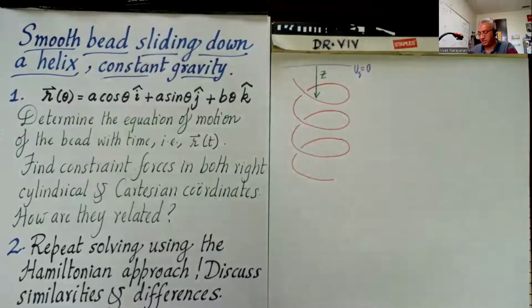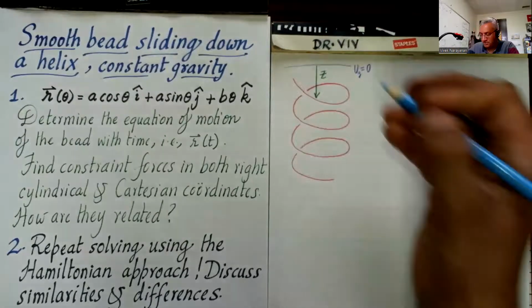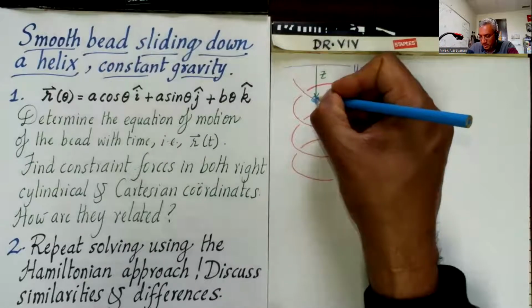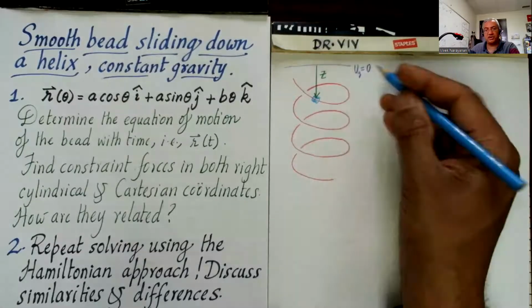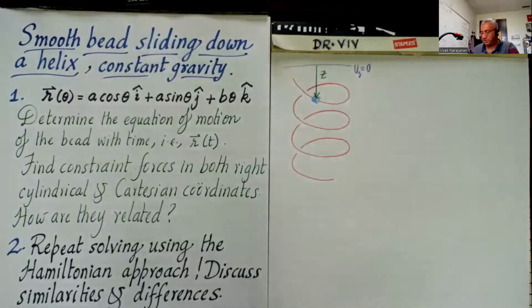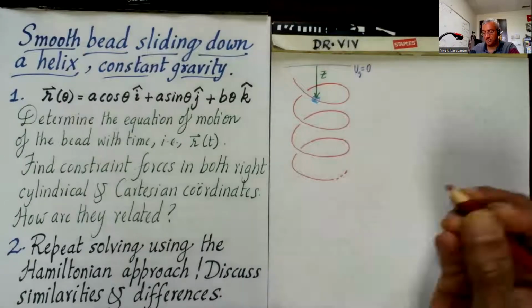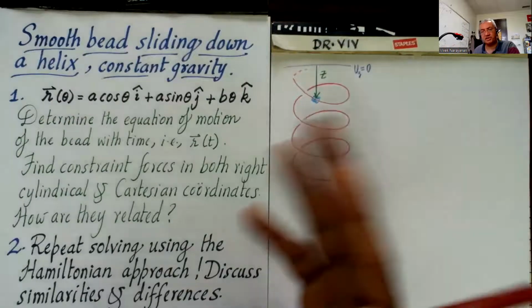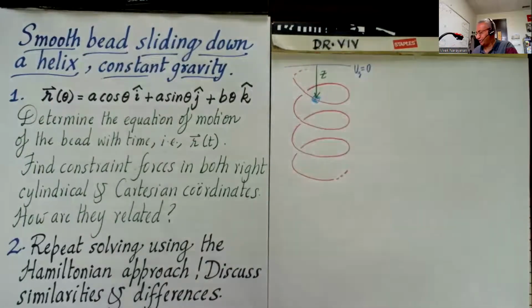So let me draw the bead. Choose a different color, like that. So that's the bead. It's moving without any friction, like that. The helix continues in both directions. Now we're not given any initial conditions, so we'll deal with that at the appropriate time.